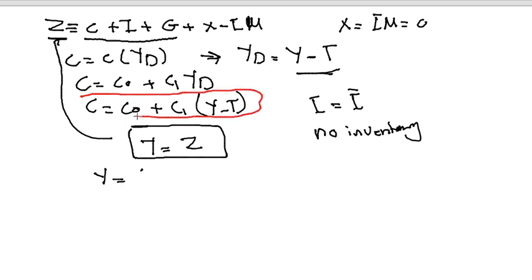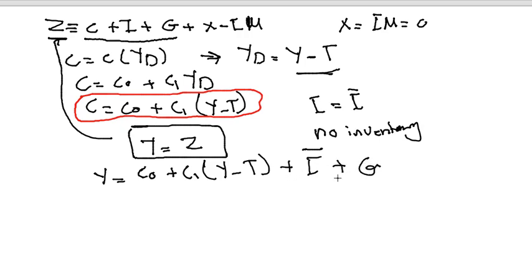So we're going to replace C with consumption: C0 plus C1 (Y minus T), of course, plus I, which again is exogenous, plus G. And we said this is still a closed economy, so we're still assuming that X equals IM, so exports equal imports equals 0.